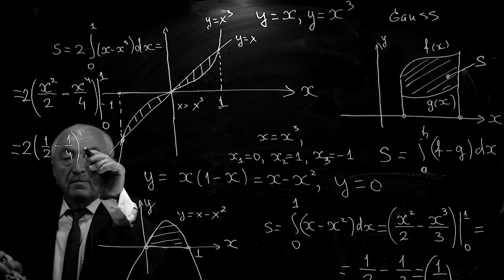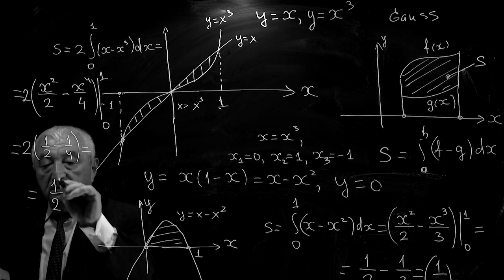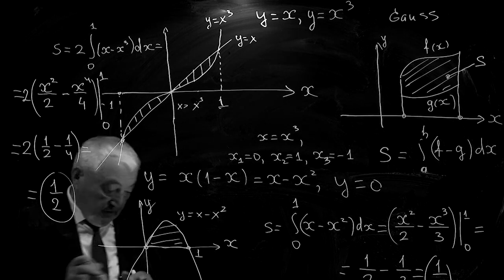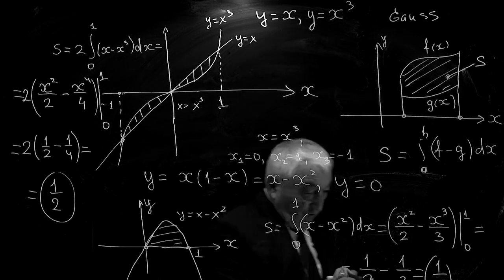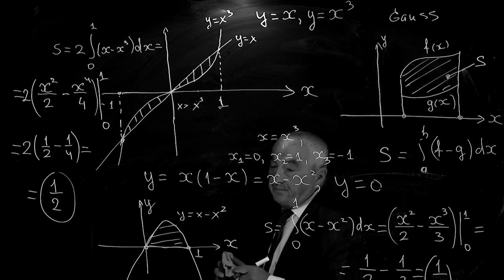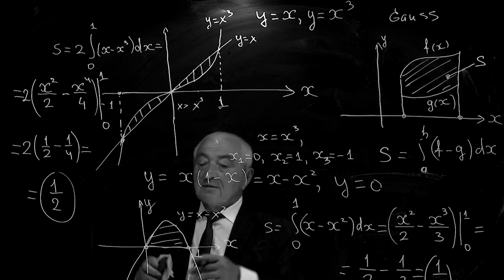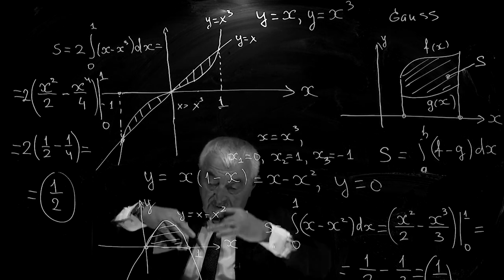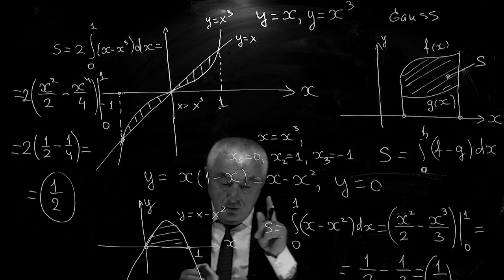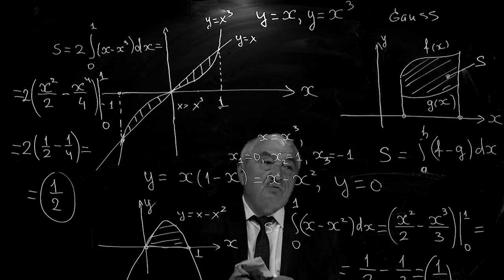Multiplied by 2, 1 divided by 2. It is the correct answer. For example, if it is necessary to calculate an integral of such type, there are, as a rule, 4 variants of answer. Only one answer is correct. Correct answer 1 divided by 2.